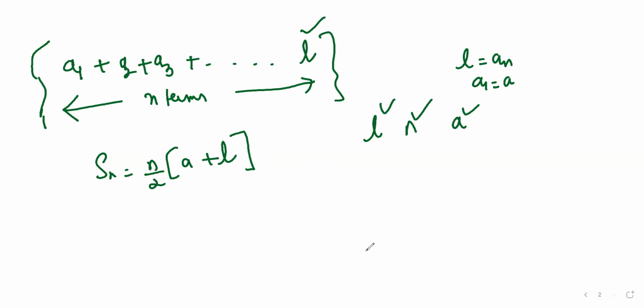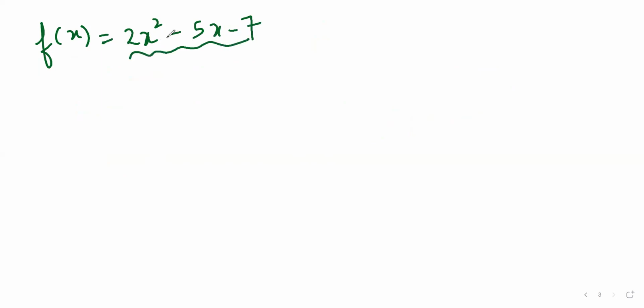Okay, with this I'll go on to the next one, which is remainder and factor theorem. So f of x, a function of x, is, let's say, 2x squared minus 5x plus 7. I'm just taking one example. It's a function of the variable x, meaning the value of this expression depends on x.